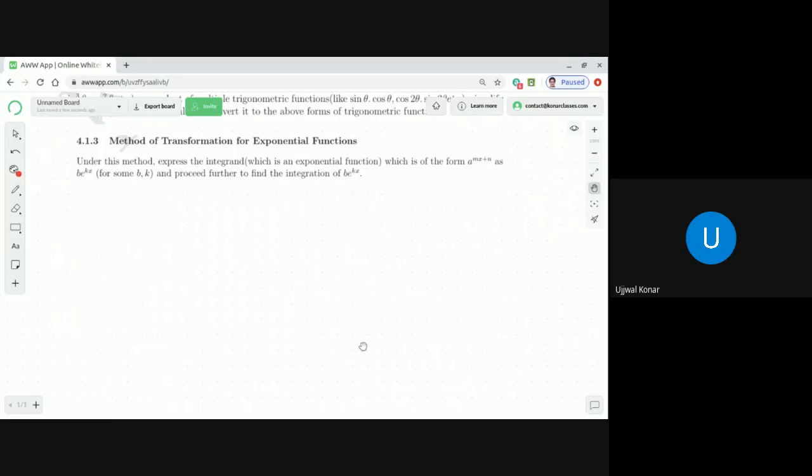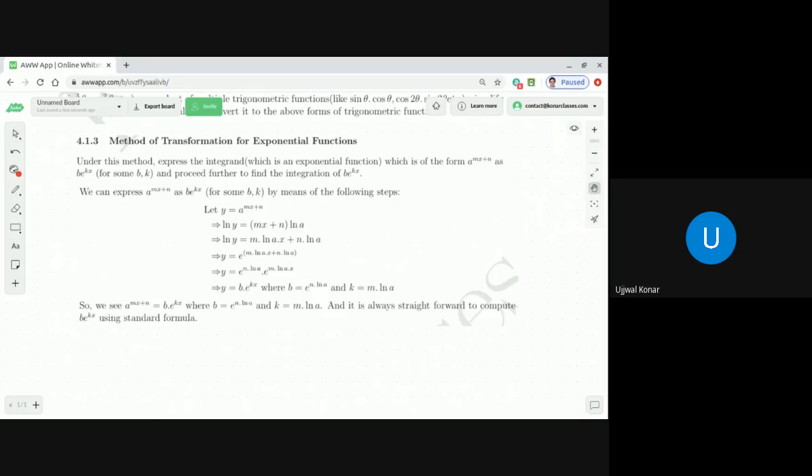So under this method, express the integrand, which is an exponential function of the form a power mx plus n, that is the exponential form, na? As b into e power kx. So with respect to our analogy, that is our fx. Got it, na?